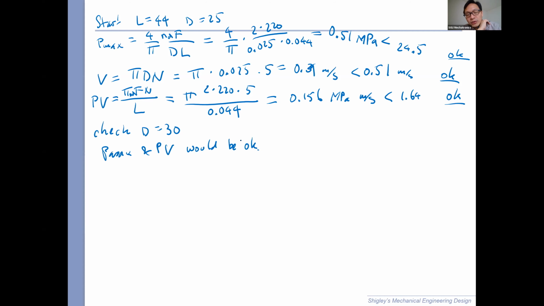Because if I increase D, P max is smaller. So no worries, right? Same here with PV because PV is actually independent of D. But here we're just doing a check, right? Okay, we don't have to redo P max and PV. Let's check V.